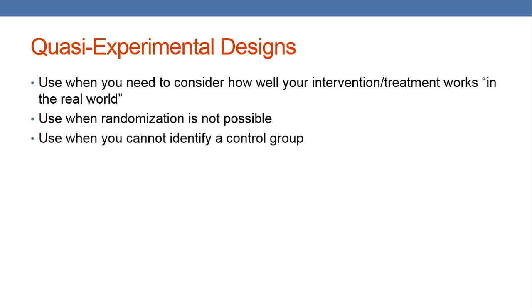So that previous slide showed randomization to a single group. It's pretty rare that people are randomized to a single group. But lots of times we can't do everything we want to do in terms of randomization in a real world setting. And we really still need to know whether we're making an impact. We need to know whether we're moving the needle.